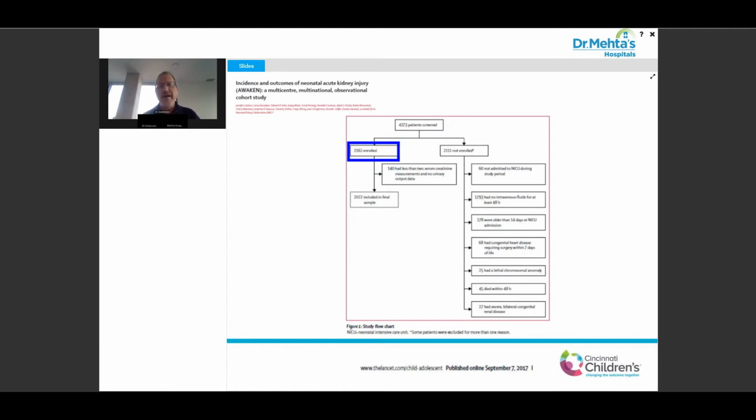The other half had the exclusion criteria I mentioned before. And they also needed to have at least 2 serum creatinine measurements to make the diagnosis of acute kidney injury. So at the end, they were left with 2,000 patients included in the study. Again, the largest study of acute kidney injury in neonates.